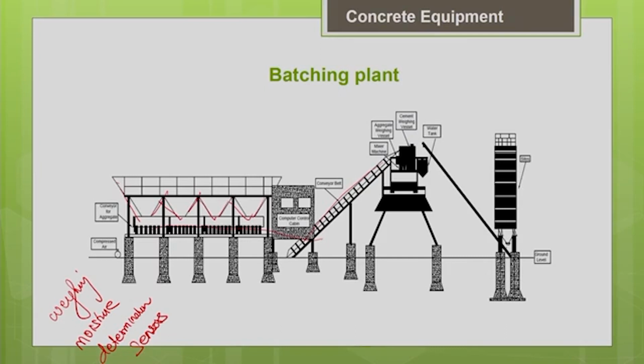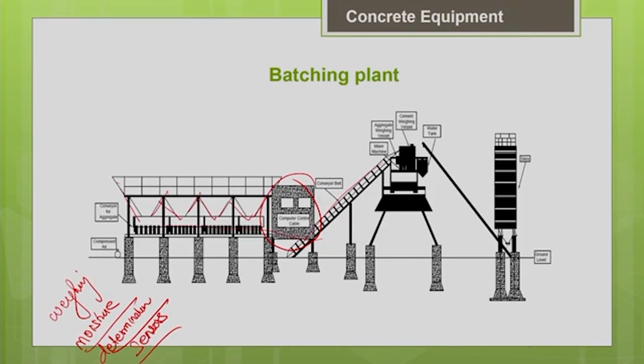That will facilitate you to measure the required quantity of aggregate there itself, and the measured quantity will be conveyed by the conveyor directly to the mixer machine. So that is also possible. The moisture content will also be determined, and the adjustments in the weight of the aggregates will be done automatically. Everything is now under PC control. You have a computer control cabin where you can control the entire system.